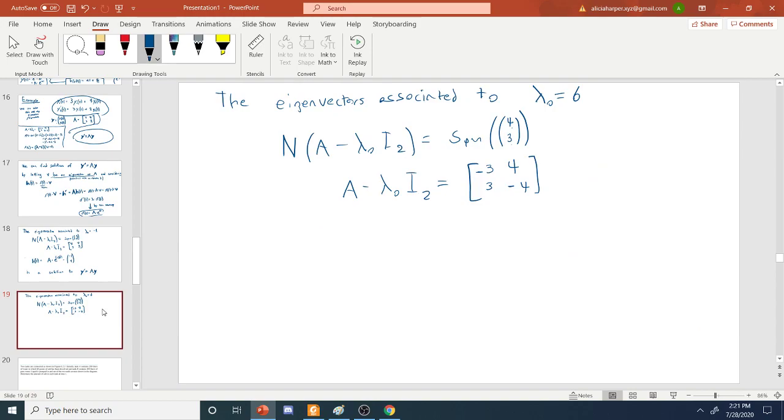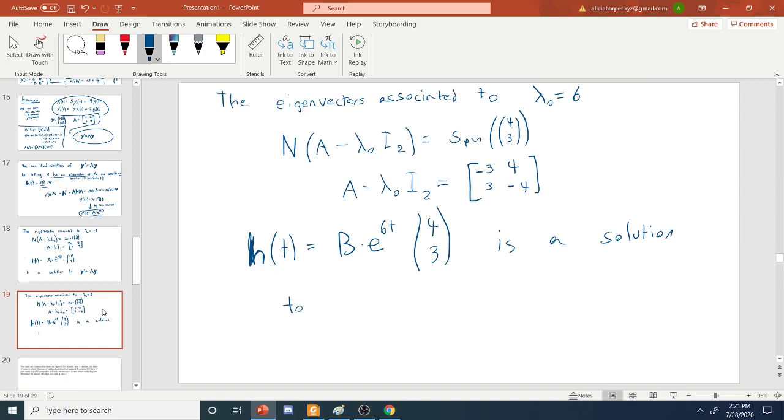So this shows that h of t, which is going to be equal to b times e to the 6 times t times the vector 4, 3, is a solution to y prime equals Ay.